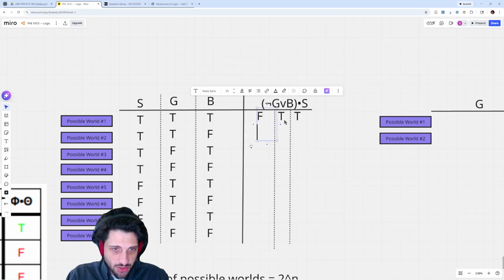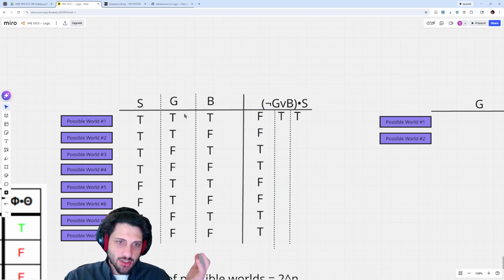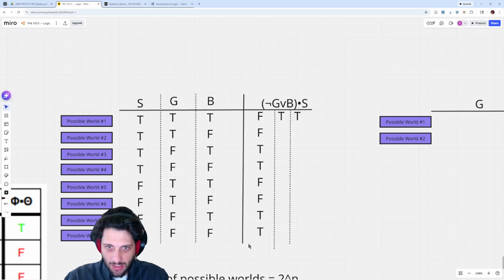World 2, G is true, so not G is false. World 3, G is false, so not G is true. World 4, G is false, so not G is true. World 5, G is true, so not G is false. Notice that I'm just flipping it every time. So since G is true, true, false, false, true, true, false, false, not G is false, false, true, true, false, false, true, true, because it has the opposite value.